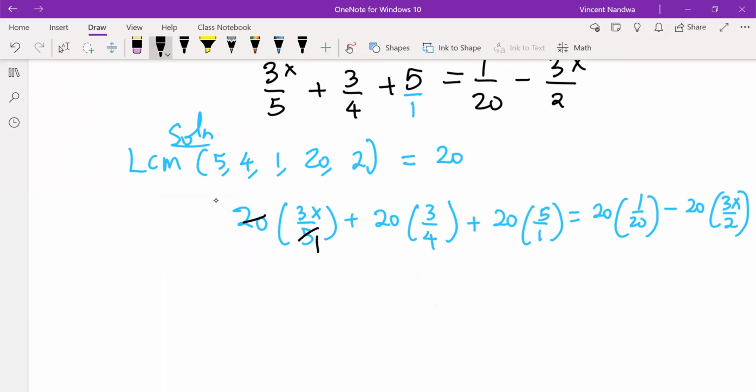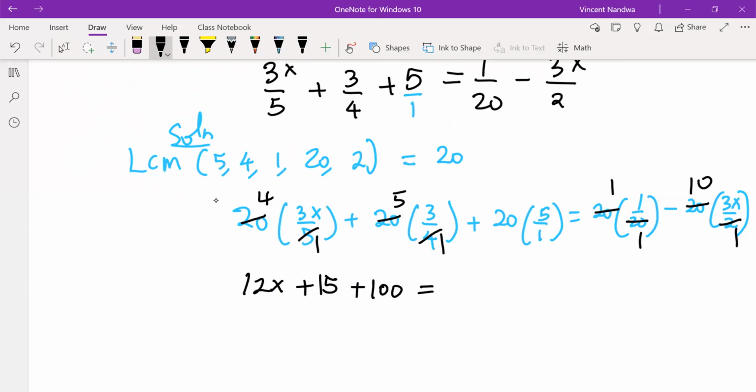So we'll have 4 times 3x, which is 12x. 5 times 3 is 15. 20 by 5 is 100. 1 by 1 is 1.